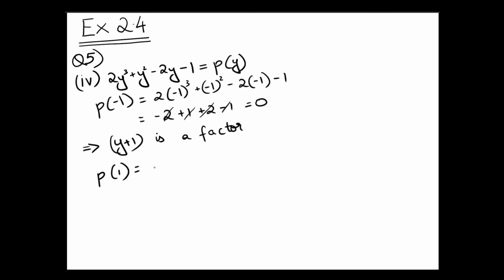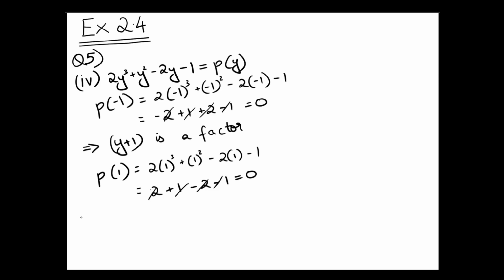I'll also check for p of 1, which becomes 2 into 1 cube plus 1 square minus 2 into 1 minus 1. So I get 2 plus 1 minus 2 minus 1.